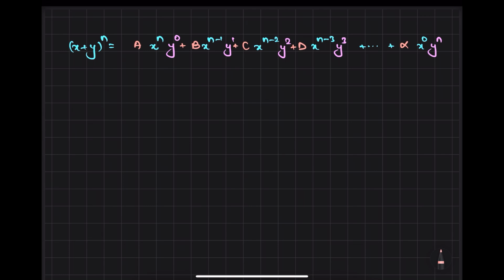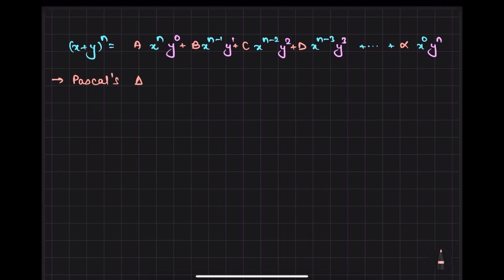To resolve this problem we come up with an idea. There was a scientist named Pascal. He introduced a triangle, the Pascal triangle, which helps us find the coefficients of those terms in a binomial expansion.